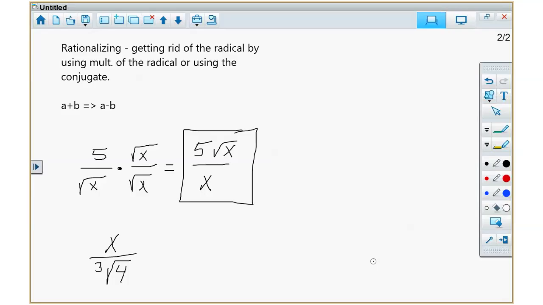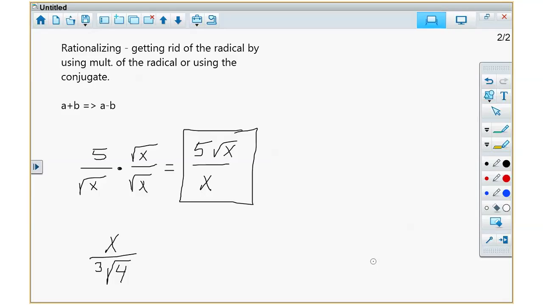What's wrong? Multiply by the cube root of 16 over the cube root of 16. Where'd you get the cube root of 16? What's your first cube root?